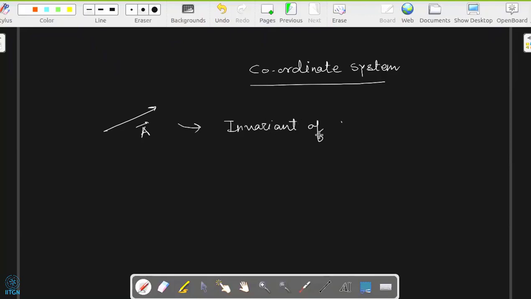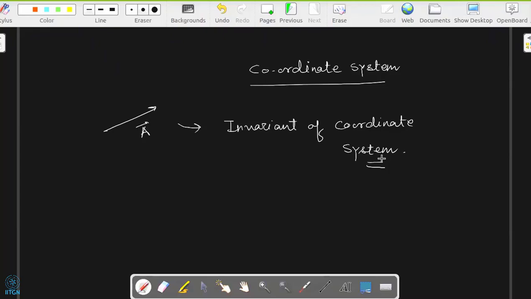Yes, because its magnitude is preserved, and even its direction is preserved. The direction will not change. So the vector quantity does not depend on the coordinate system, because in all the discussion so far we have not even discussed the coordinate system.